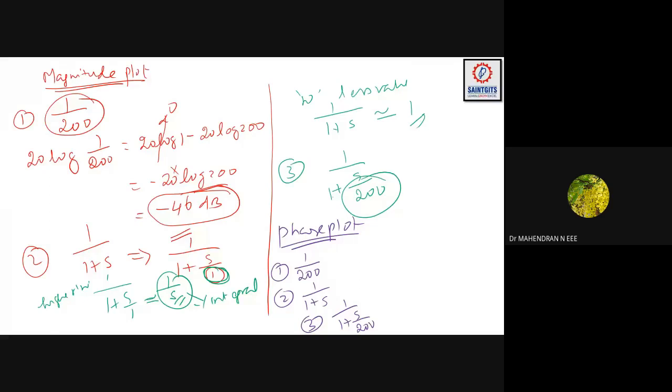Am I right? If you are trying to draw the Bode plot of 1 divided by 200, it is a constant, and it is exactly located at the origin. So that's our finding.